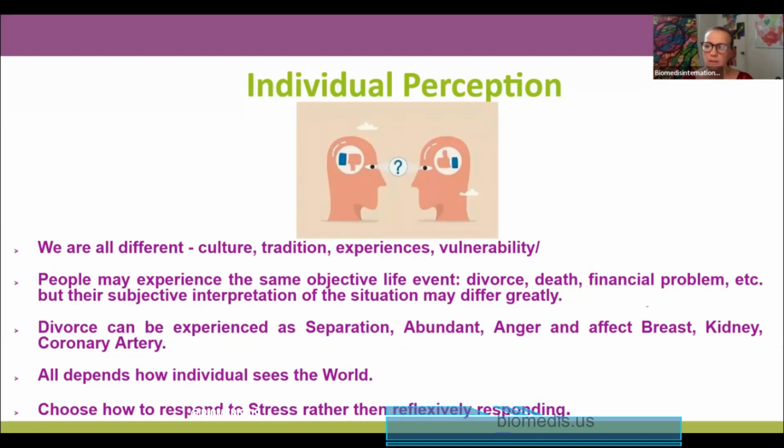If it's abandonment, then it would be kidney, and if it's anger, it will affect the coronary artery and also the liver. Okay, so it all depends on how every one of us individuals sees the world and how we respond to stress. Okay, and we choose to respond to stress rather than reflexively, more responsively.